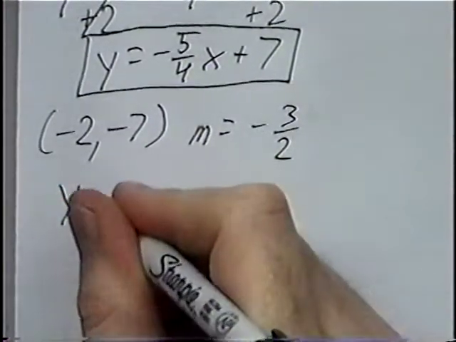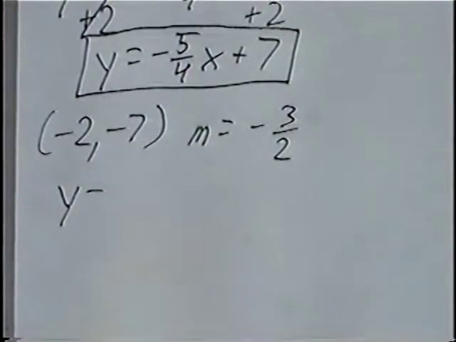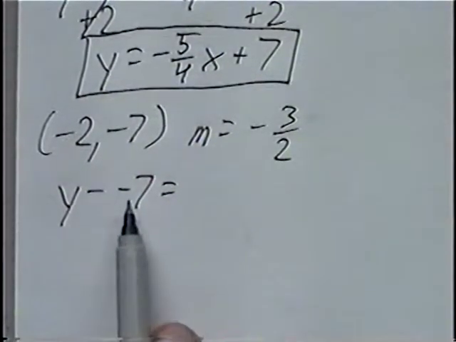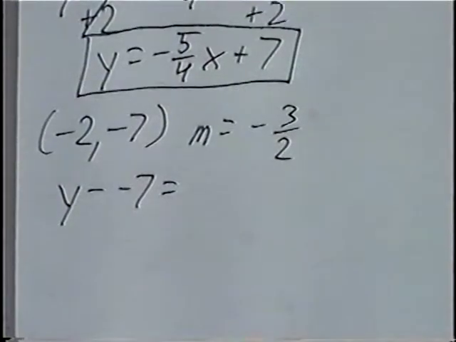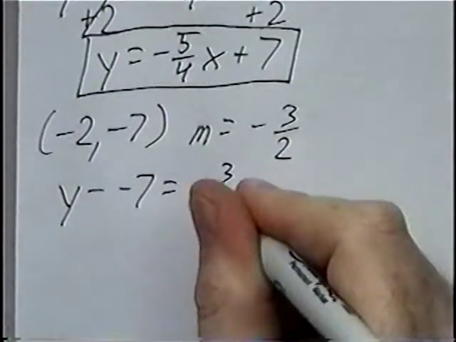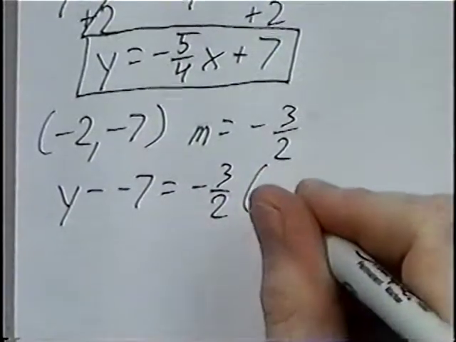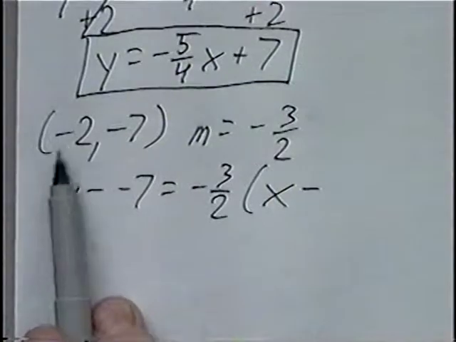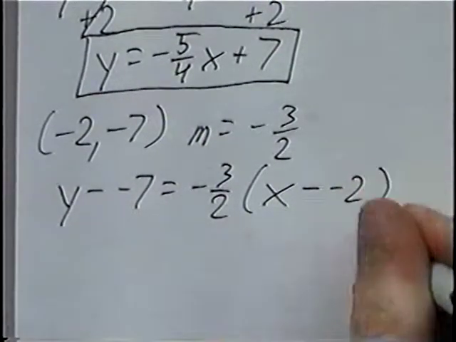The equation again is y minus the y value, which is -7. So we'll have a minus from the equation and a negative from the -7, equals m, which is the slope, -3/2, and then parentheses x minus the x value, which is -2.